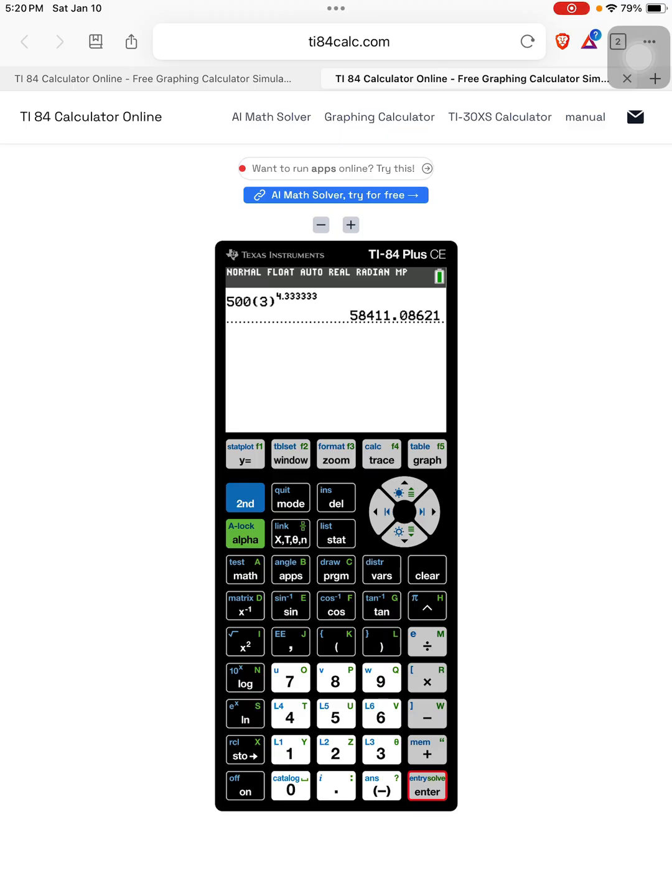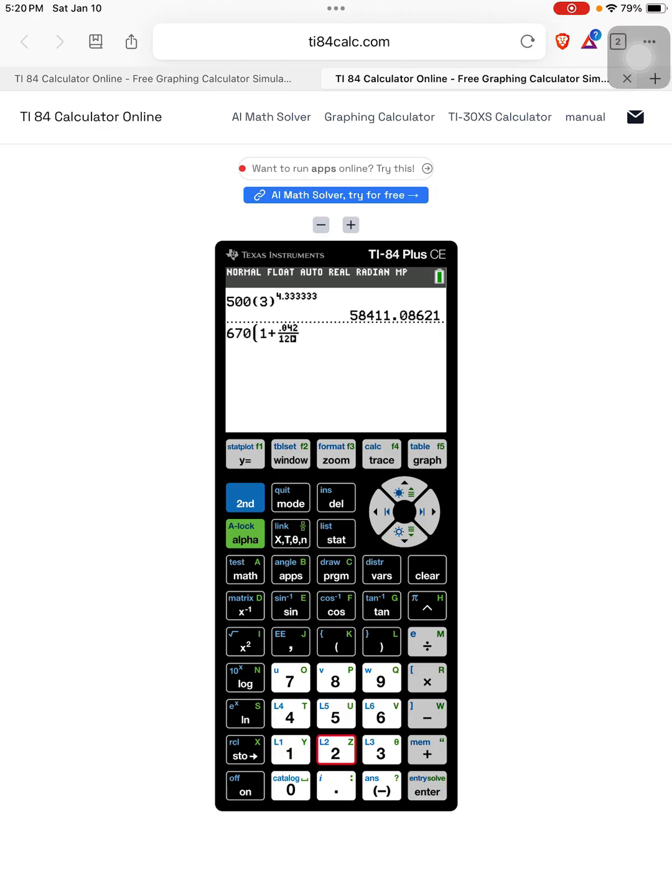So let's put in 670, parentheses, 1 plus r over n, to the power of n times t. Oops. My rate is 4.2%, so as a decimal that's 0.042.